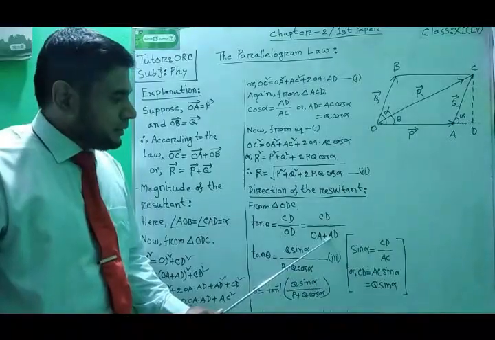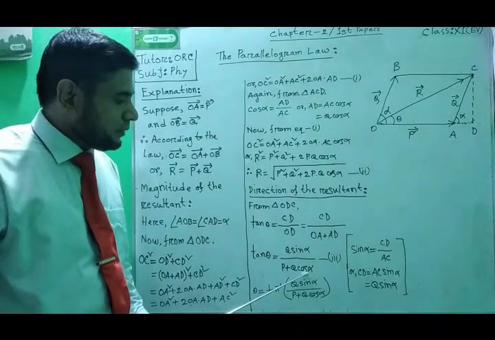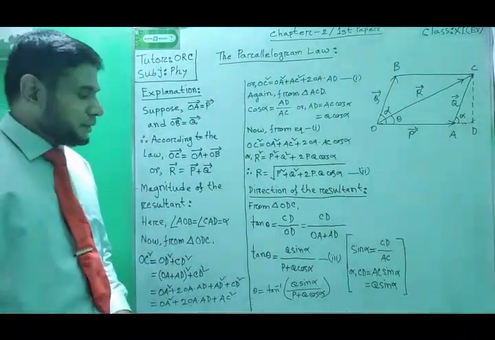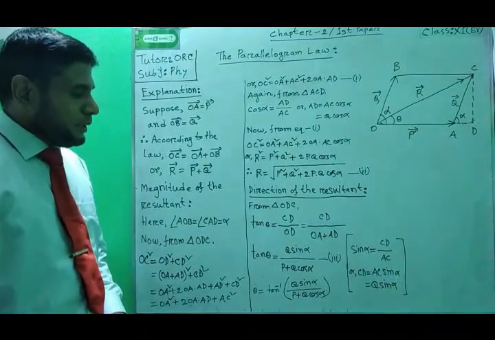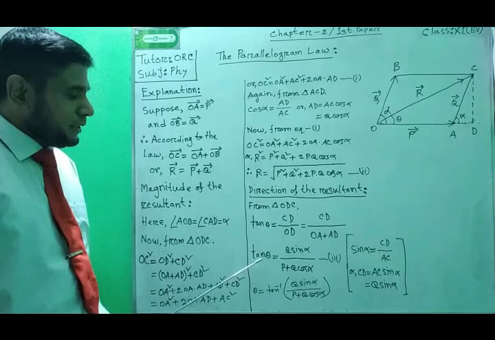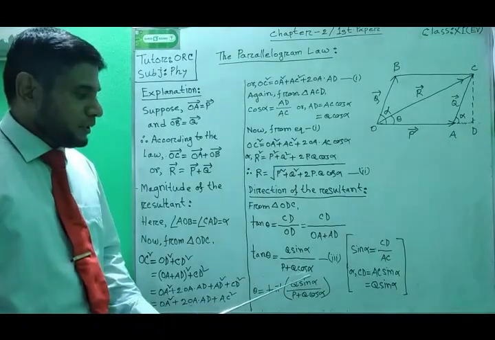AD will be replaced as Q cos alpha. So finally, to find out the direction, we will find the value of tan theta. Tan theta equals Q sin alpha by P plus Q cos alpha.